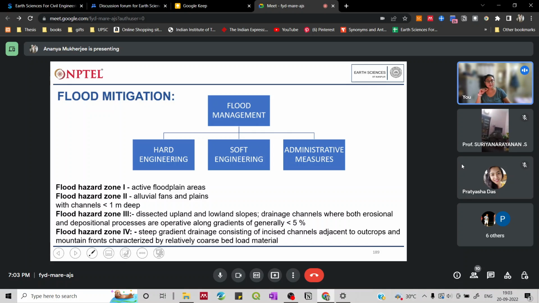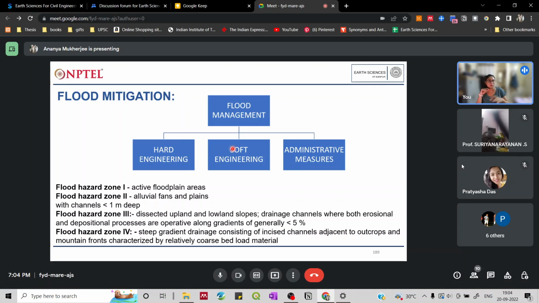So for flood management, we have three areas that we can work on. The first one is hard engineering. Hard engineering would mostly contain creating flood relief channels and spillways around areas which are inhabited by population.